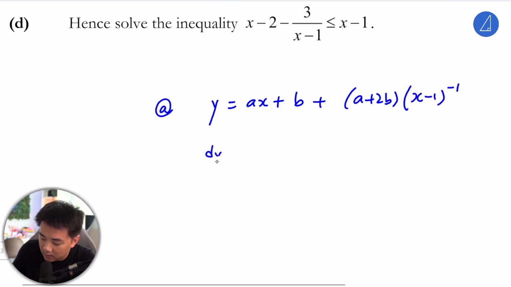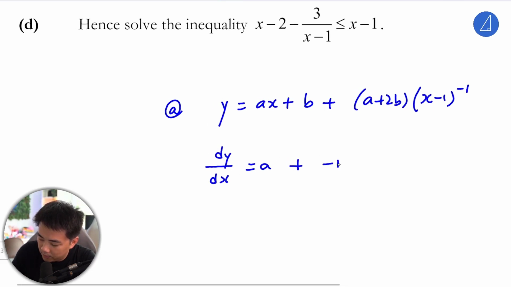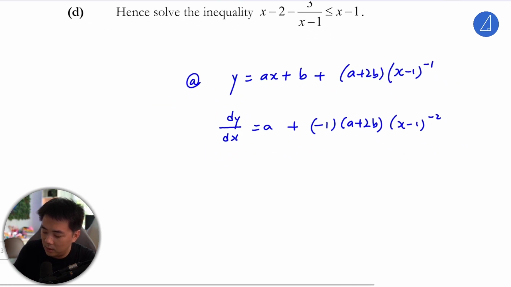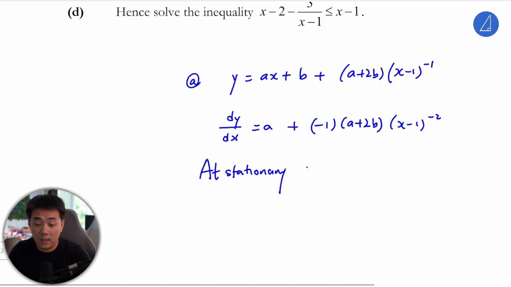So dy/dx is a plus negative 1, a plus 2b, x minus 1 to the power of negative 2. For a stationary value, dy/dx is equal to 0.